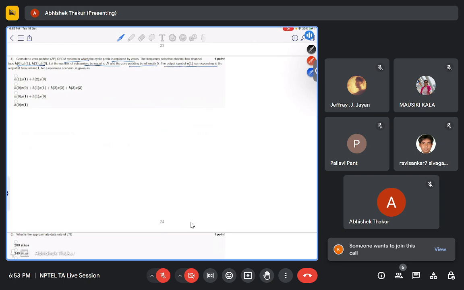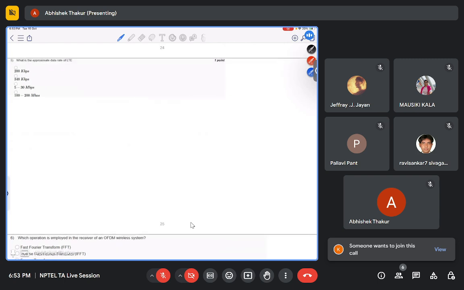The output symbol Y1 corresponding to the output at time instant 1 for a noiseless scenario is given as H0 X1 plus H1 X0 plus H2 into 0 plus H3 into 0. So this is H0 X1 plus H1 X0. So the correct answer is option C.